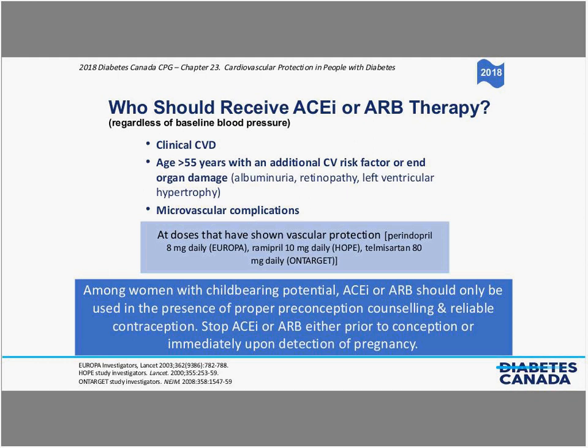So secondary prevention, ACE inhibitor is part of that. But also in those over the age of 55 with an additional cardiovascular risk factor or evidence for microvascular complications. So if you're over the age of 55 and you've got no other cardiovascular risk factors and no microvascular complications, you don't necessarily need to be on an ACE inhibitor.